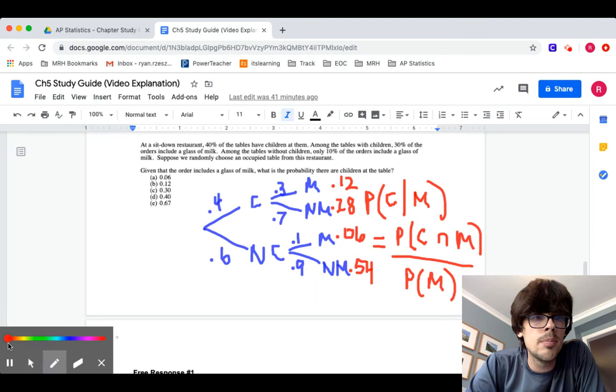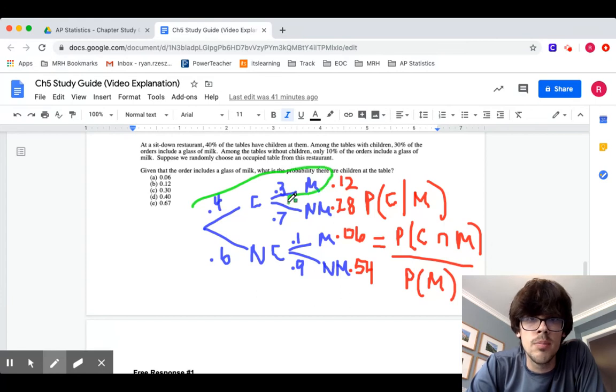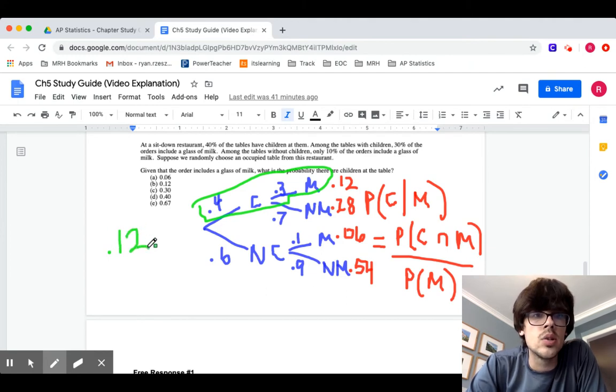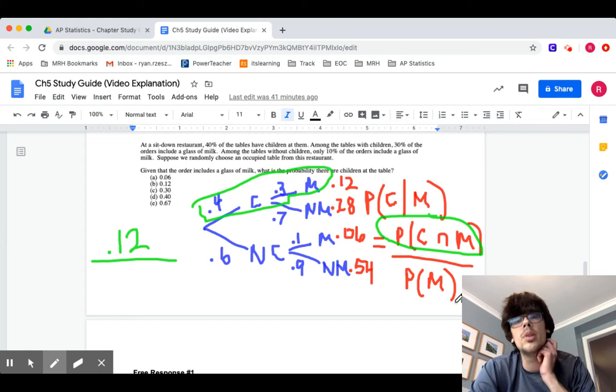The probability of children and milk is going to be this branch right here. Children and milk is this guy. So my numerator, I'm going to put it over on the side, is 0.12. I just did 0.4 times 0.3. That's children, that's milk. 0.12 is this top guy right here. The bottom is the probability of milk.